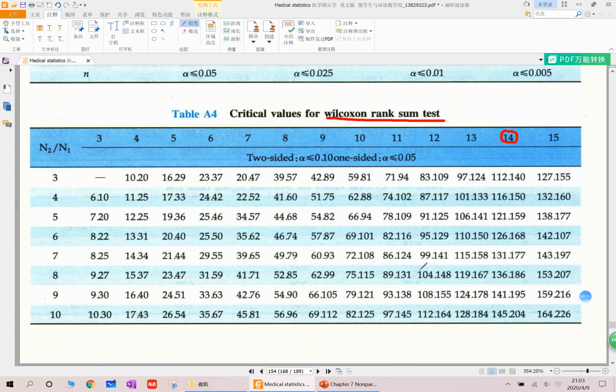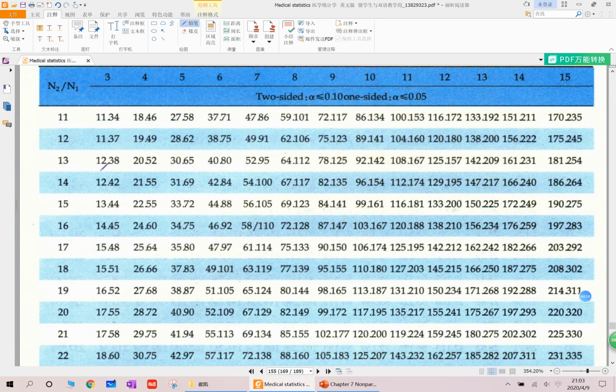And we will find that this table is different from table A3 because in this table, if we want to find a critical range, we need the two sample sizes of the two groups. So we already know that the two sample sizes are 14 and 19. So here we have already found 14 in the first row, and we need to find 19 from the first column. It's here, 19. So in the cross position, the number is this one.